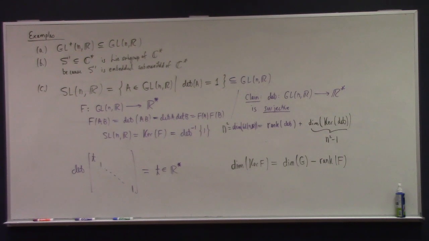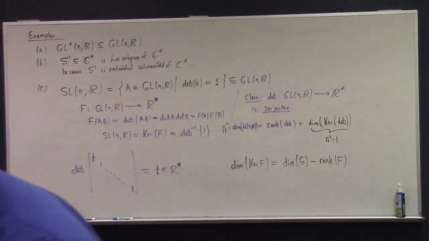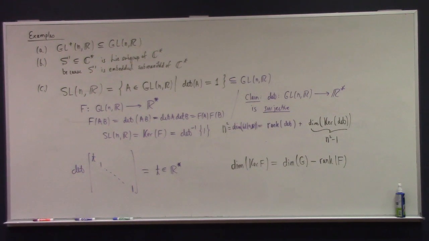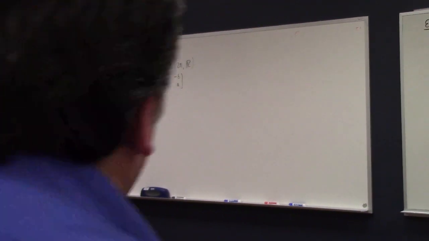This is not an altogether obvious map, but basically, this little mapping M, let's say, this is my notation, M of A plus iB is the 2x2 block A, B, minus B, A. That's the real Jordan form that corresponds to A plus iB. So basically what you do with the n by n complex matrix is take every complex entry and expand it as this 2x2 real Jordan block.